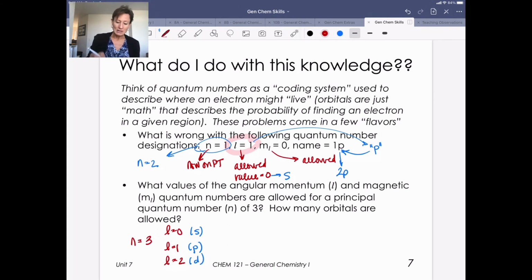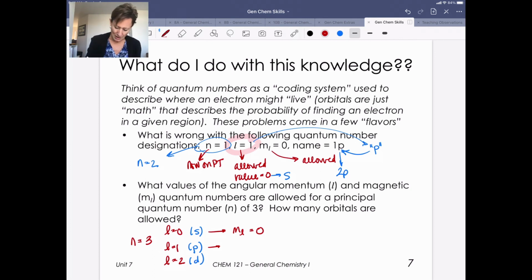Okay, so now we need to figure out the allowed m sub L values. This is where it can get a little bit messy, because for our L equals 0, the only allowed m sub L value is 0. For our L equals 1, remember that m sub L can run between minus L and plus L, including 0.